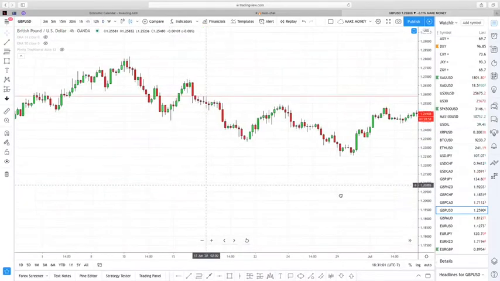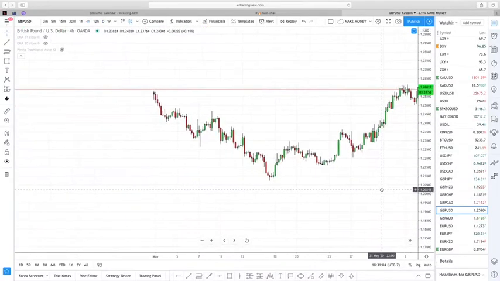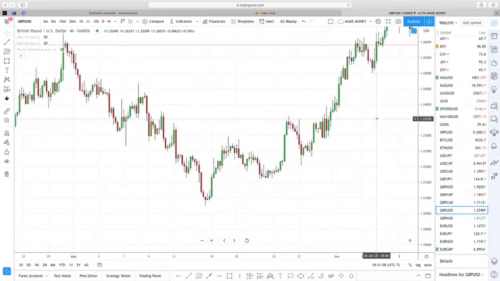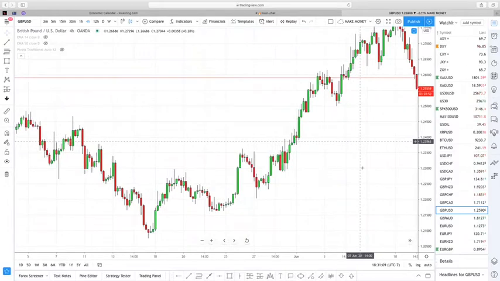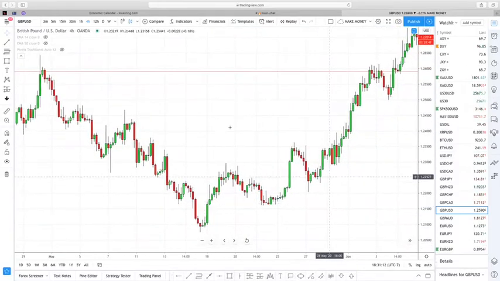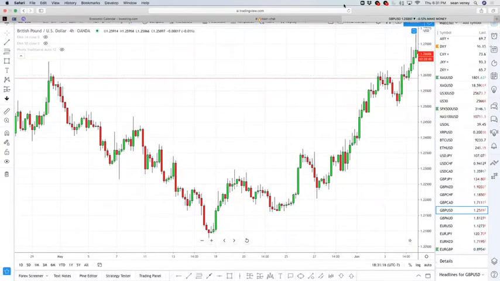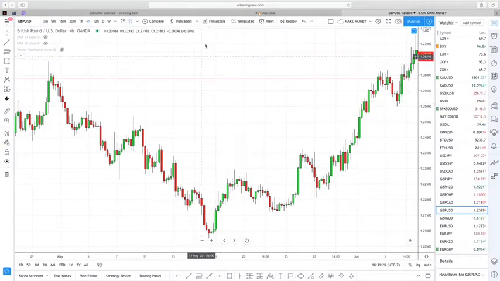So if we're dropping down to the 4-hour, when we talk about market structure, I'm going to try to find a good spot. Somebody asked, I think it was Daniel, where you start identifying your higher highs and higher lows.